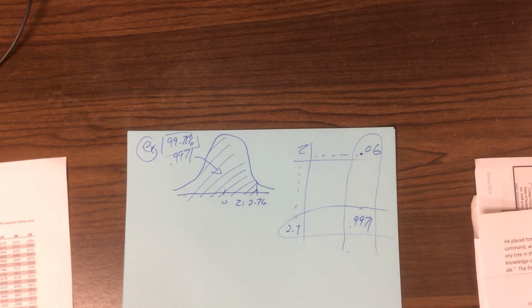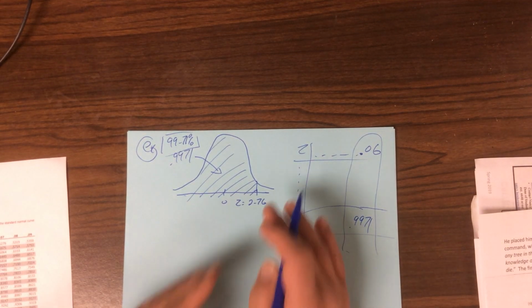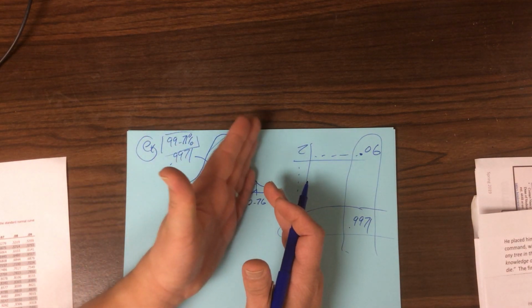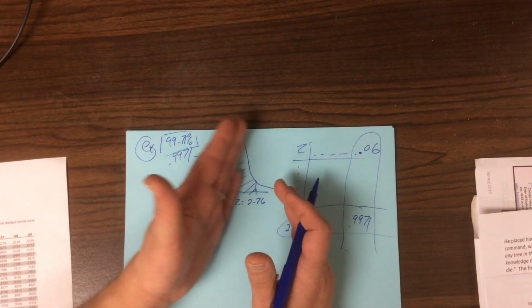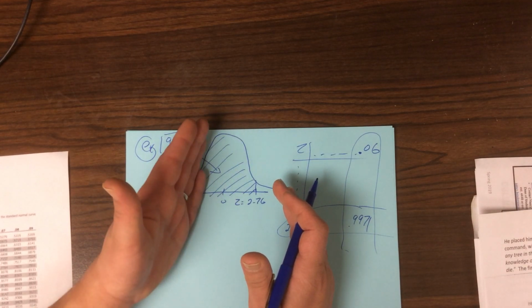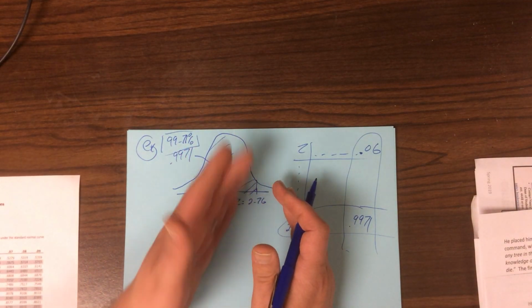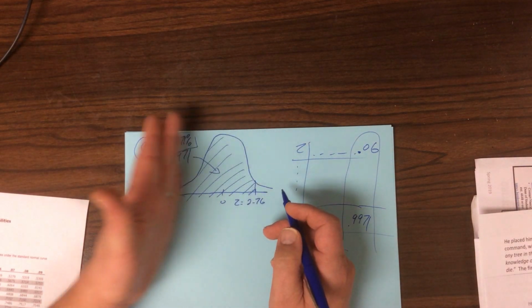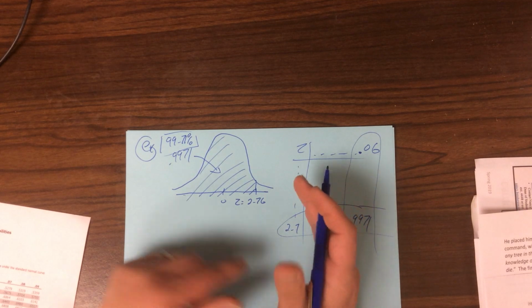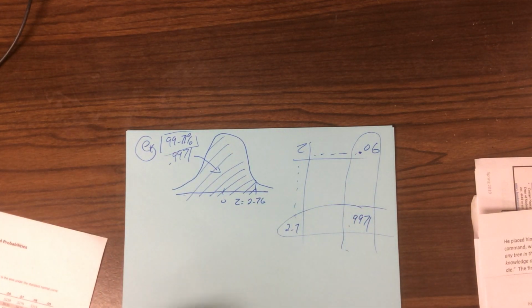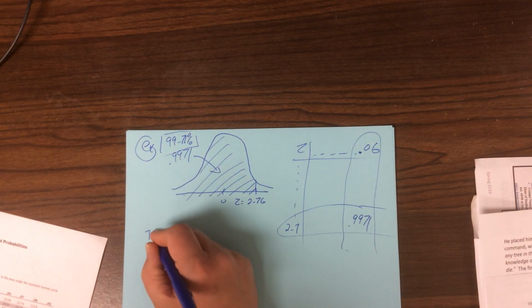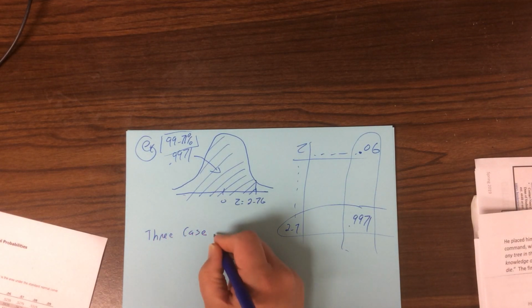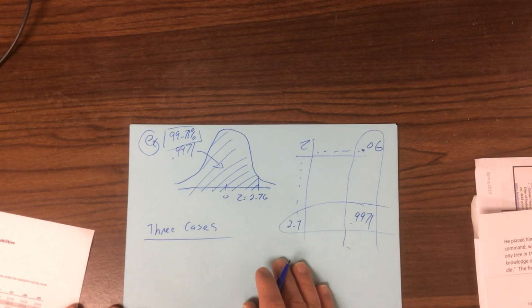Now, when we use the table, what we're looking for is the percentage of the population or the distribution, whatever it is, if you're dealing with adult males or weight of newborns, the weight of products. We're looking for the percent of products that are going to be either below a certain z-score, above a certain z-score, or between 2 z-scores. So there's actually 3 cases, and you're going to use the table a little differently in each case.